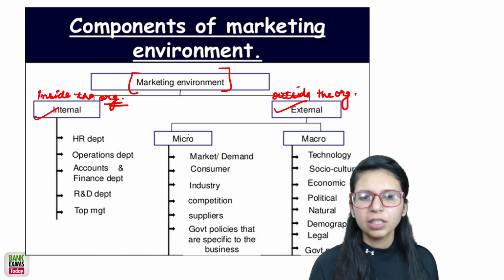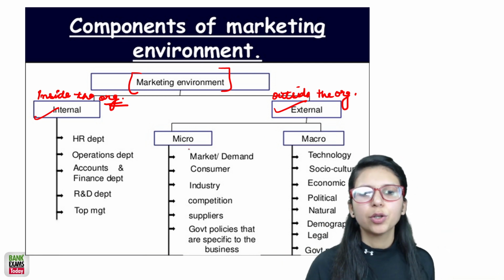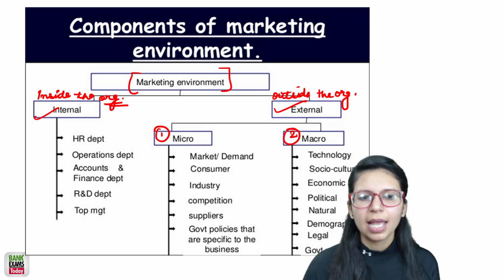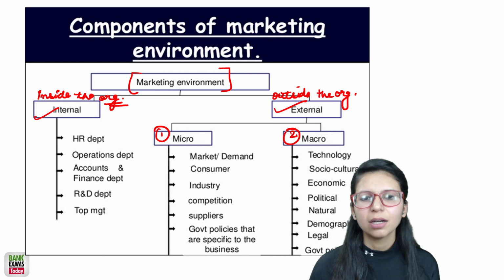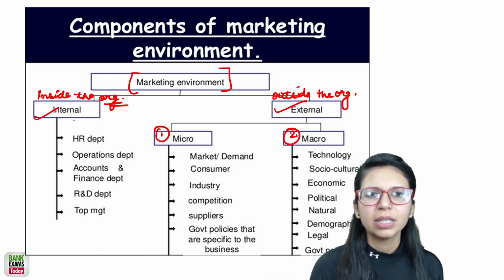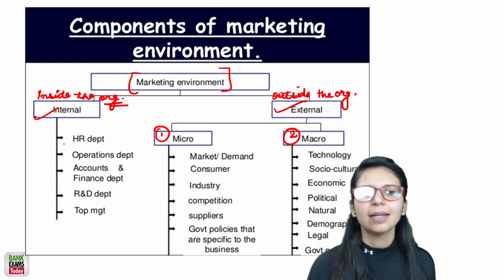Now further, this external environment is divided into two parts, micro environment and macro environment, and there are factors given for each. The internal environment covers every department inside the organization.